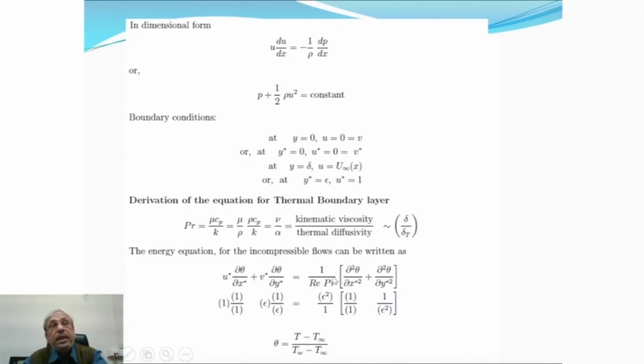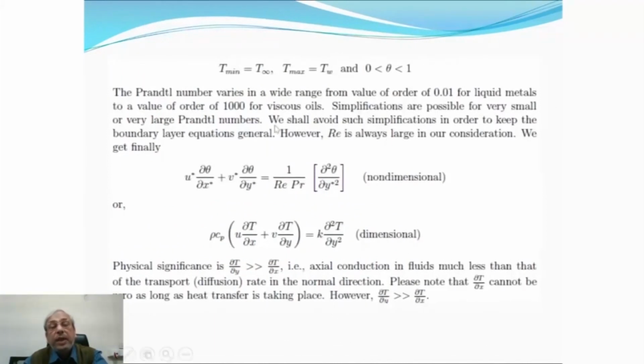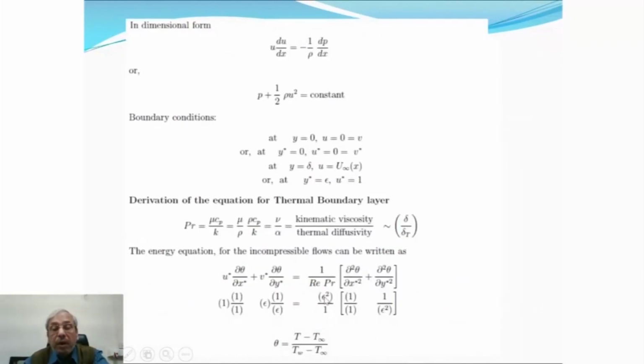What will change is very small values, which are the values of basically Prandtl number of liquid metals. Now we can sort of exclude liquid metal from our analysis. So for all other fluids, we can say that 1 by Reynolds number into Prandtl number is of the order of epsilon square.